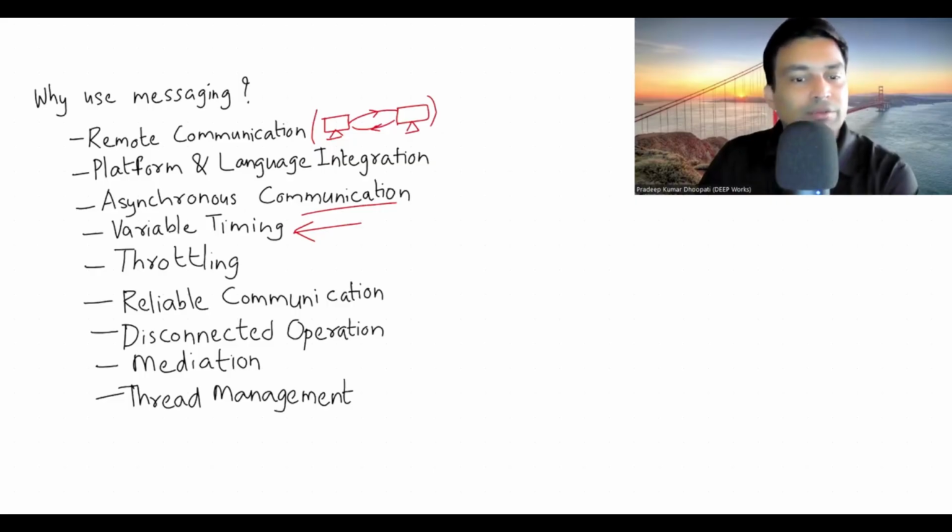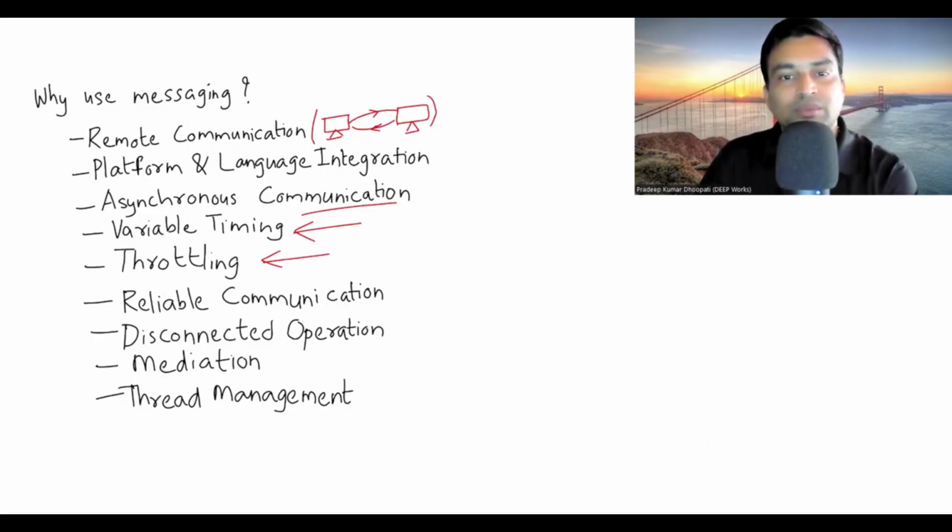And the next advantage of using messaging is throttling. In synchronous communication and remote procedure invocations, oftentimes the receiver can receive too many calls at the same time, which makes the receiver crash and have performance degradation issues.